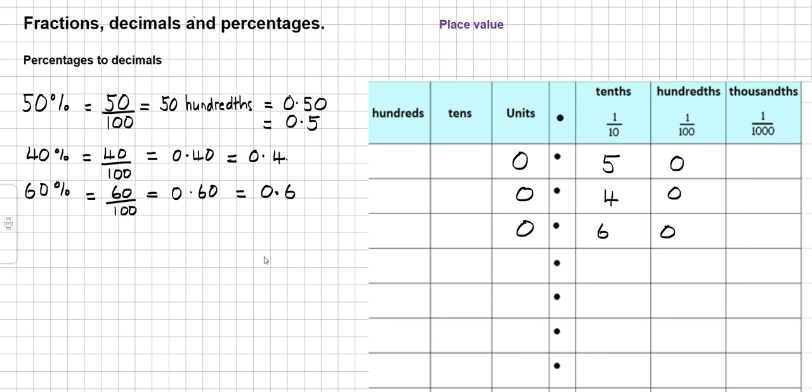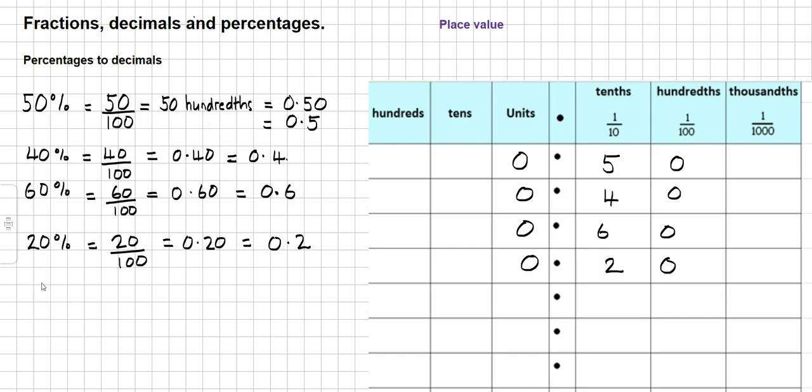So when we've got a percentage where it's in the tens, we are going to end up with 0.6, 0.4, 0.5. So I'm sure you can predict what 20% would become: 0.20, which of course can be written as 0.2.